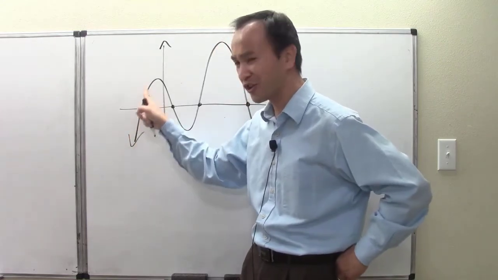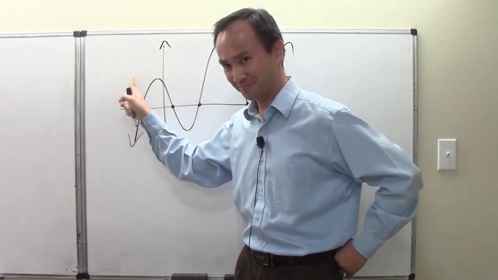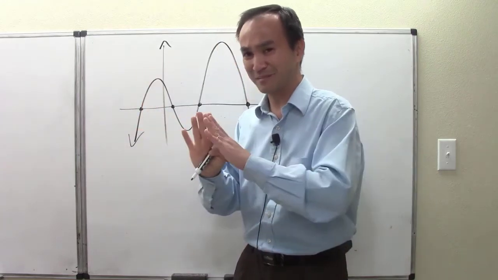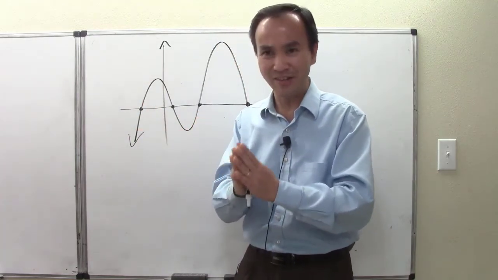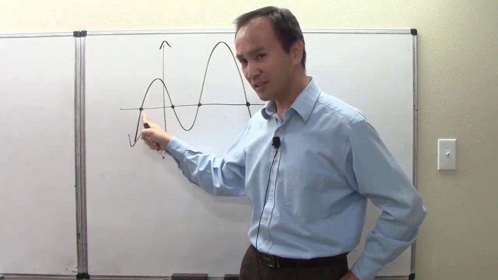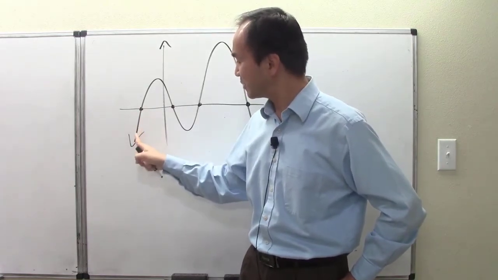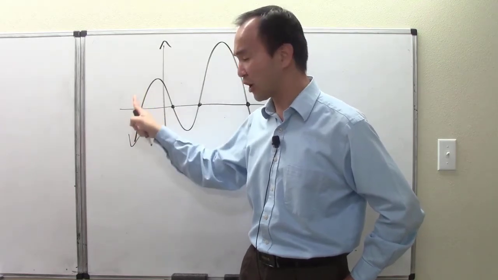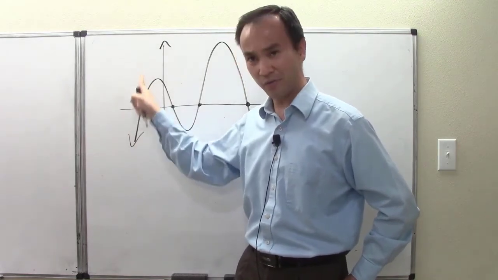In this portion the graph was rising, and be careful to notice the way I'm using the term that you have seen in an earlier lecture as well. The graph is crossing through the x-axis, the horizontal axis, in the increasing way, the rising way.